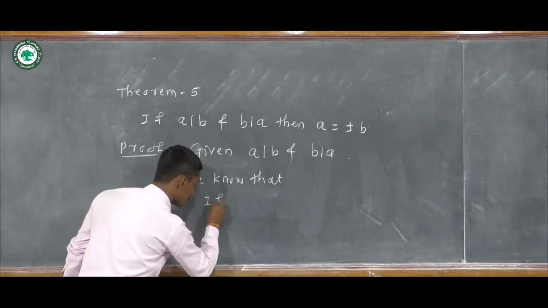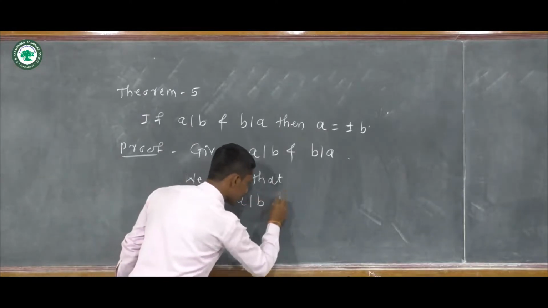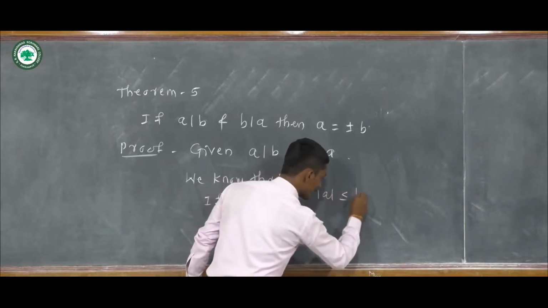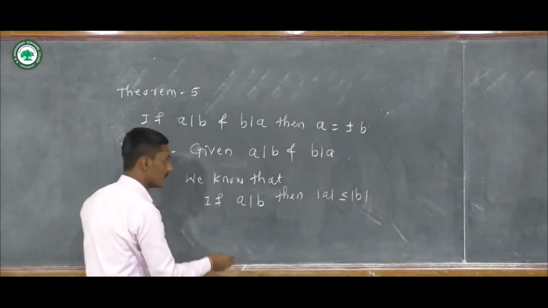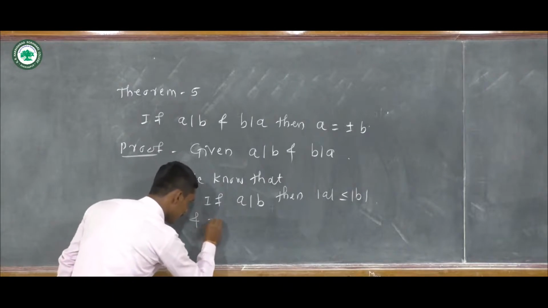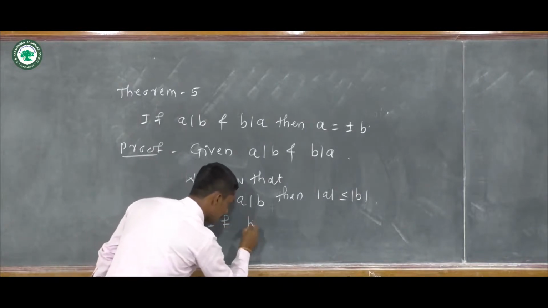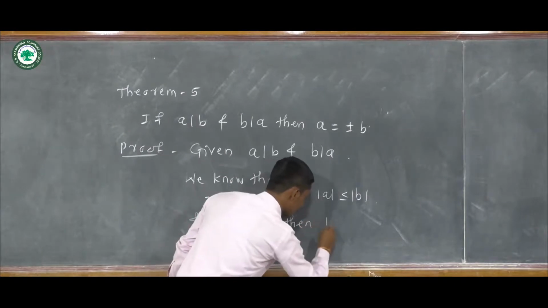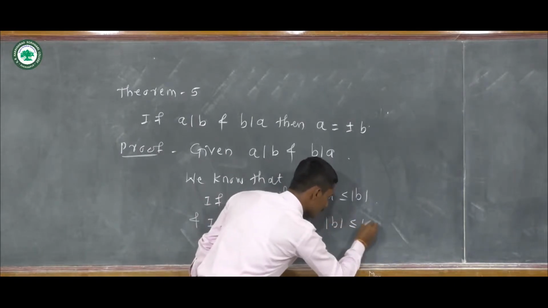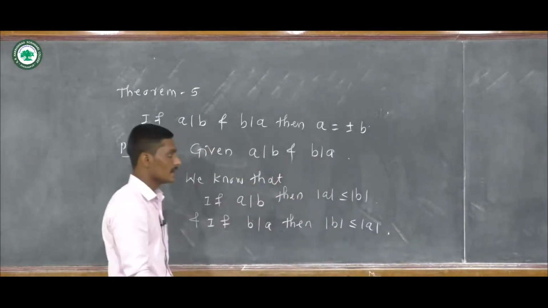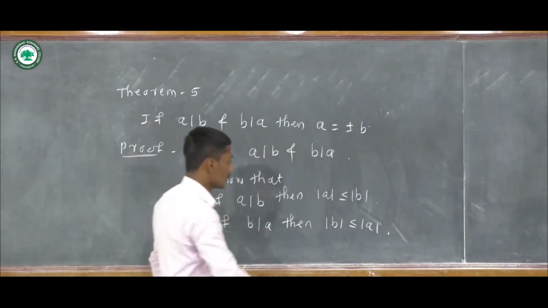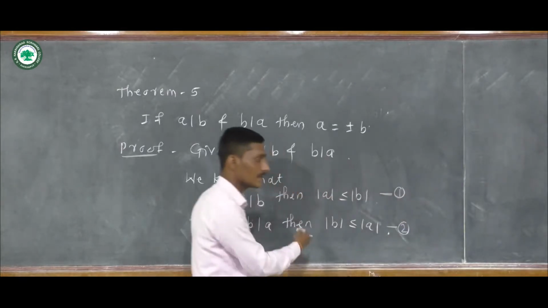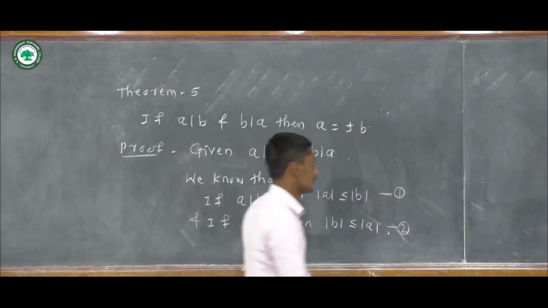if a divides b, then the absolute value of a is less than or equal to the absolute value of b, and if b divides a, then the absolute value of b is less than or equal to the absolute value of a. Now put this in this equation, say equation first and equation second.